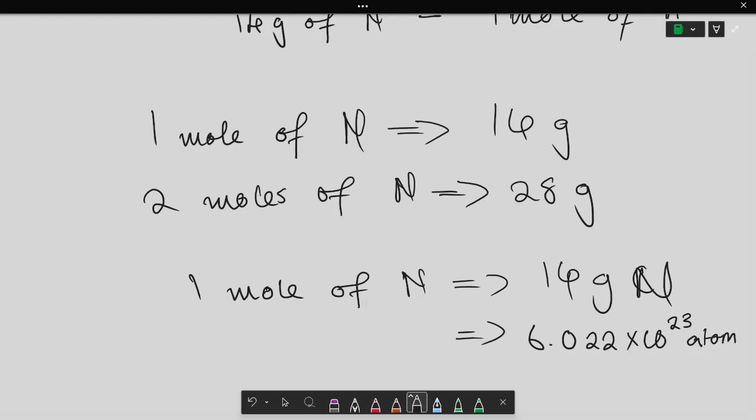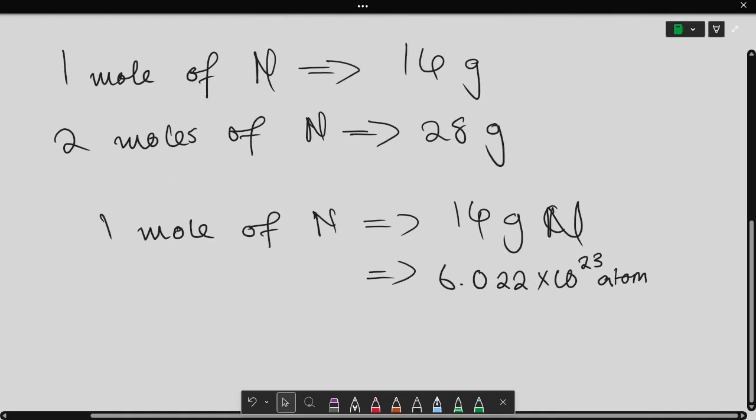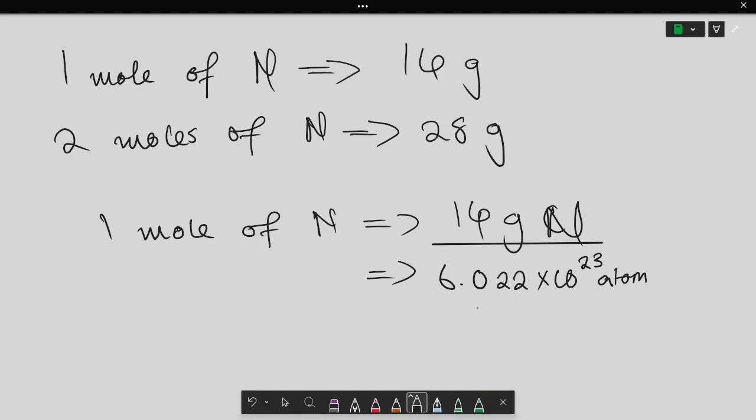So are you seeing the relation that we are building between the number of moles, the weight, and the number of atoms? How these things are relating.